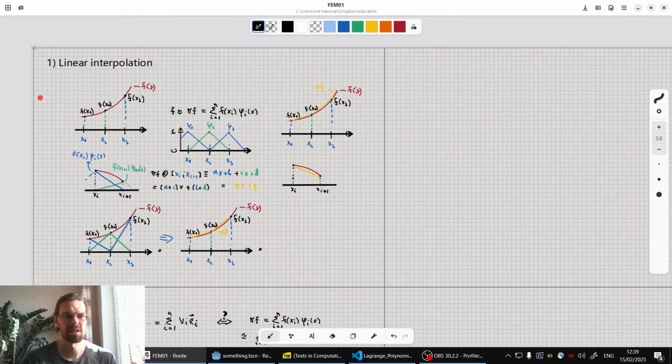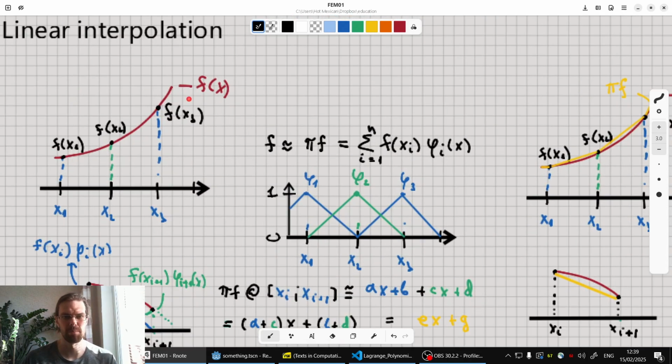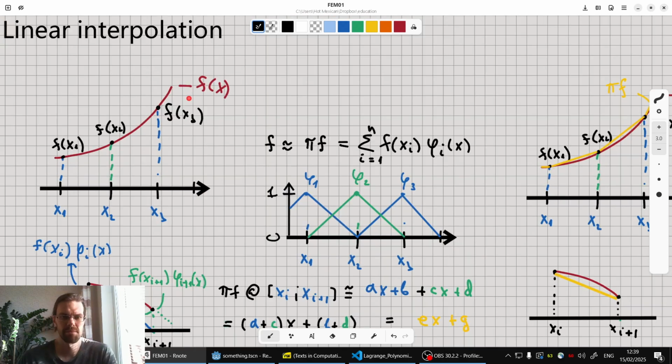So let's start with what is linear interpolation. The theory is that if we have some function f of x, and we split the domain into intervals using nodes placed at x1, x2, xi, whatever, then we can approximate this function f using the so-called interpolant of f.